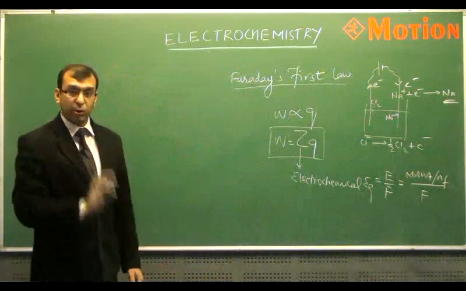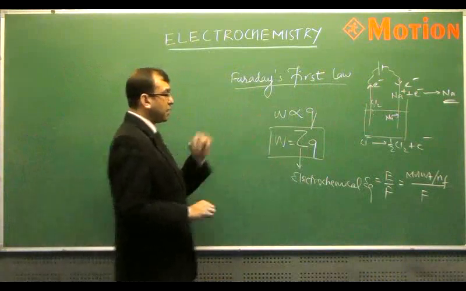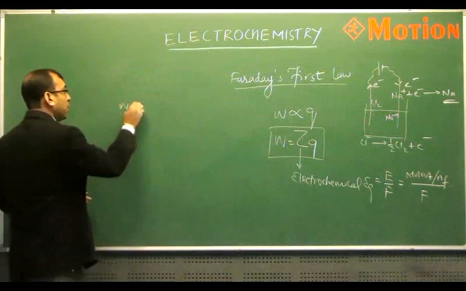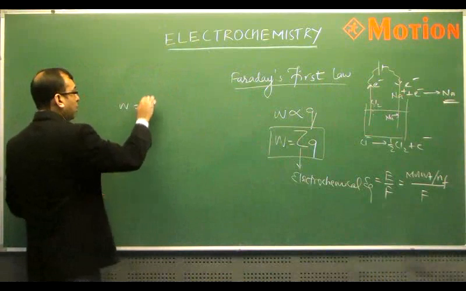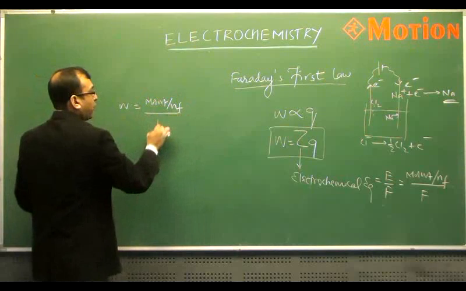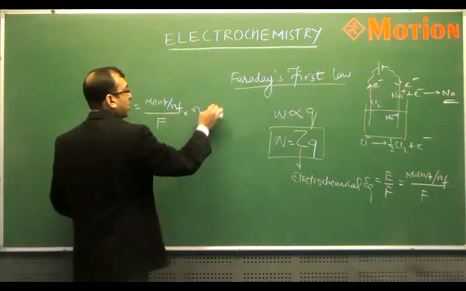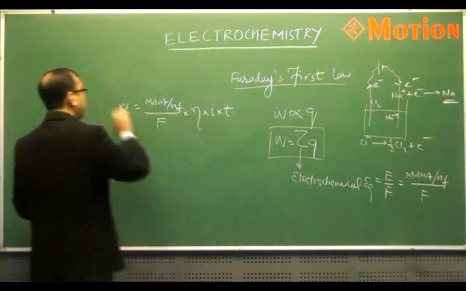So we can summarize this as W is equal to molecular weight upon n factor over Faraday constant into Q. What about Q? Q we can say is current efficiency into I into T.